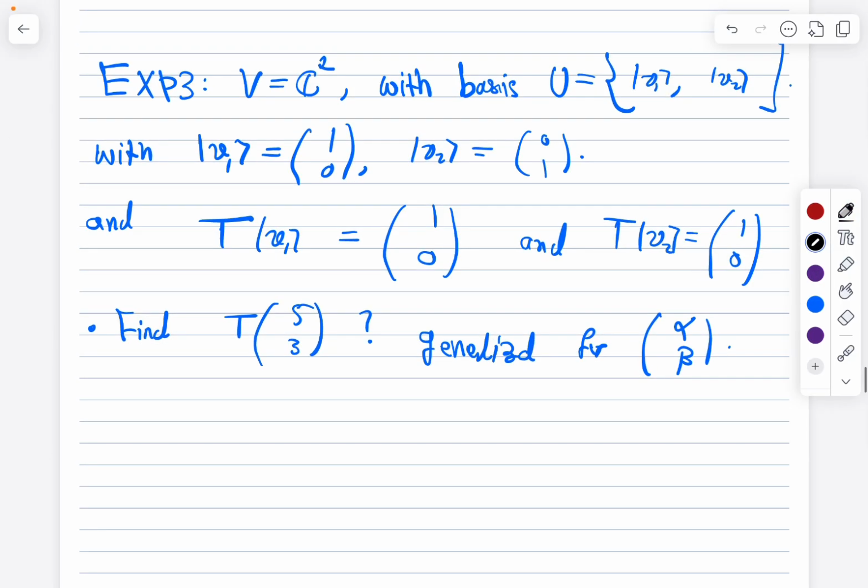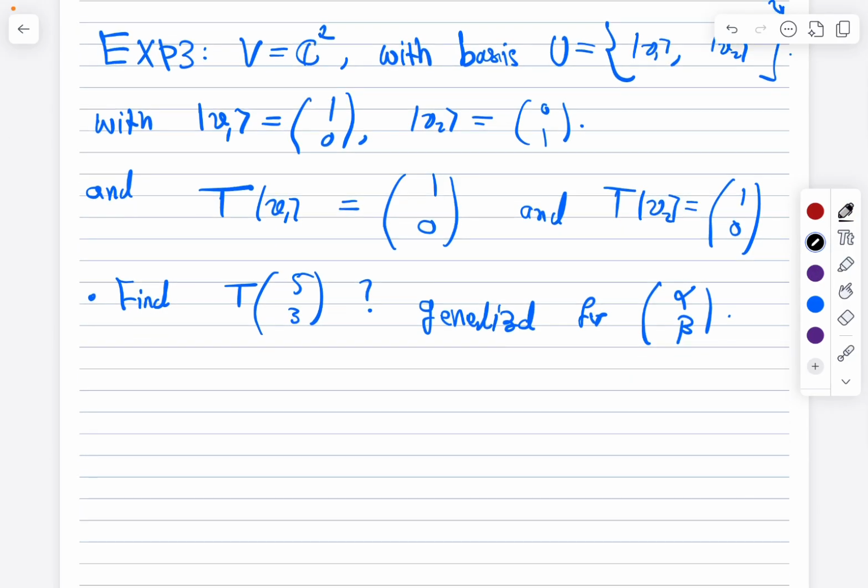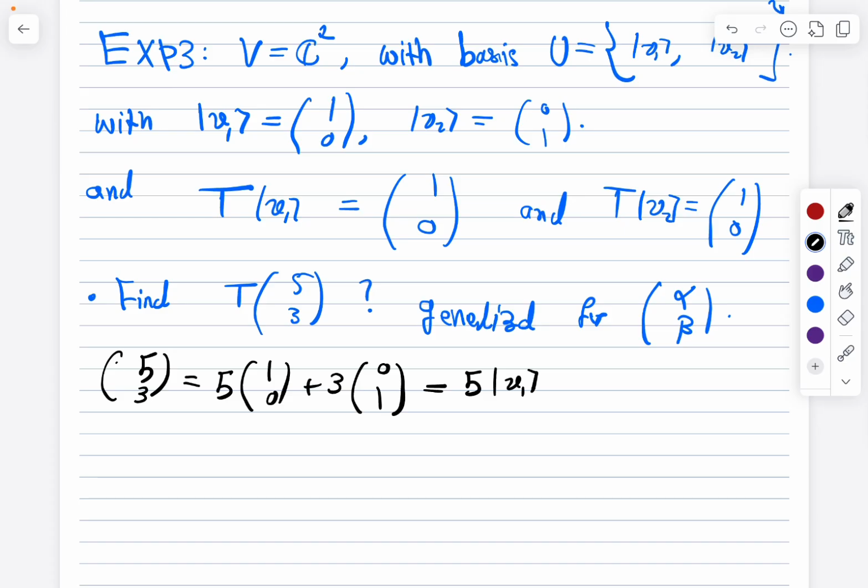So how do we do it? Notice that we don't know what T is, and what T does to the vector, but we can still find this value. Notice that 5, 3 can be written as 5 times 1, 0 plus 3 times 0, 1. In other words, it can be written as 5 v1, the first basis vector, plus 3 v2, the second basis vector.